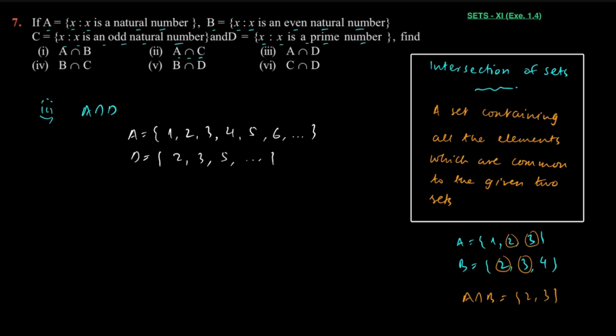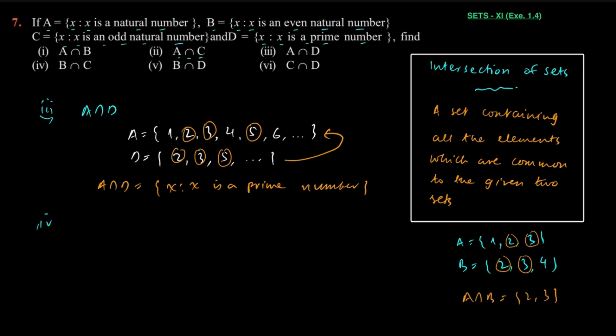These are those numbers which have only two factors, that is 1 and the number itself. So what are the common elements? 2, 3, 5. So here again one can observe that all elements of D are contained in set A. So what will be A intersection D? It will be x such that x is a prime number.